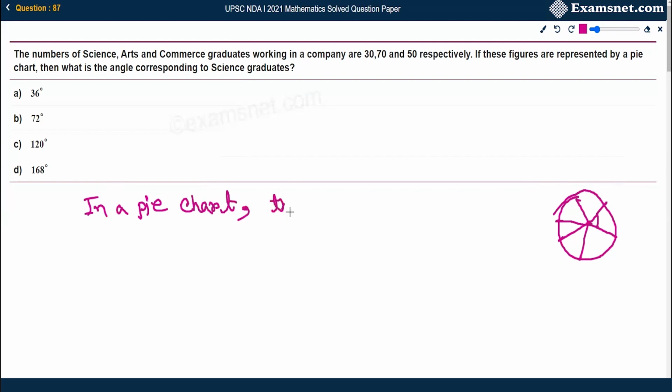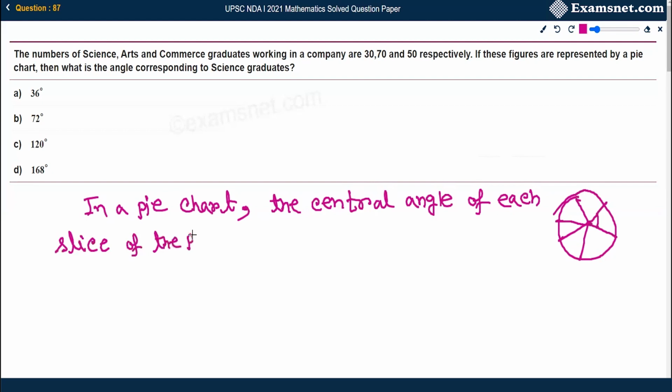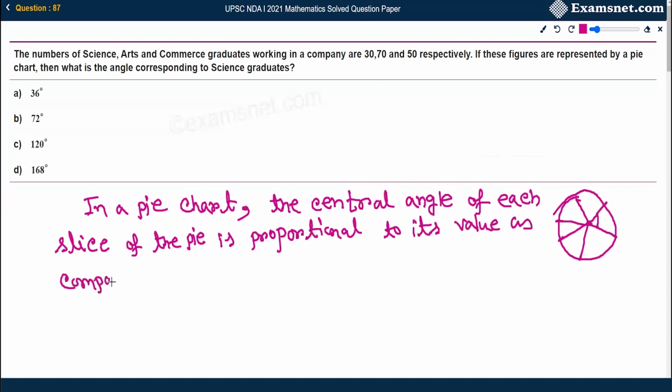In a pie chart, the central angle of each slice of the pie is proportional to its value as compared to the total value.